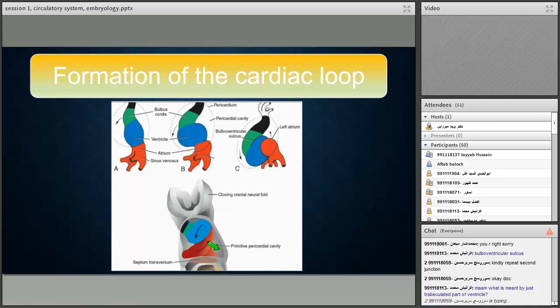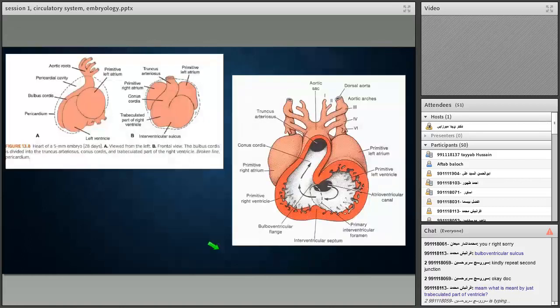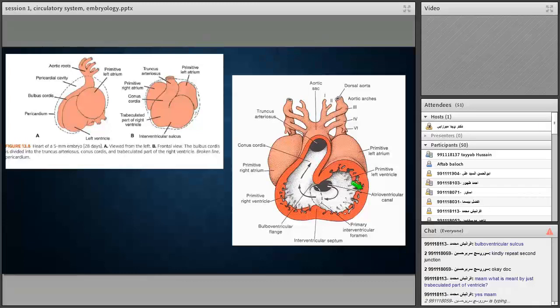I have explained this part in the anatomy classes. Look at here, this is the ventricle, okay? Do you remember that in the right ventricle we said it has two parts, inflow and outflow? Okay, the inflow part of the right ventricle was trabeculated.